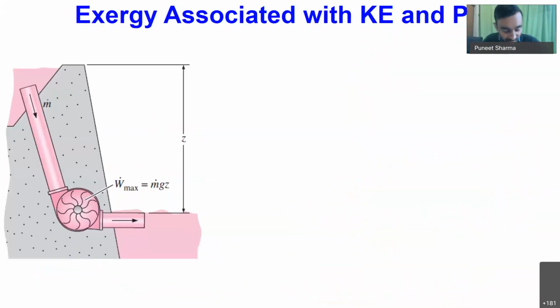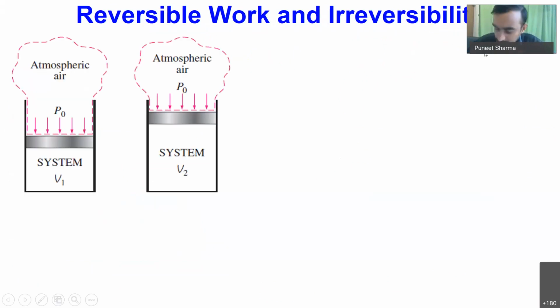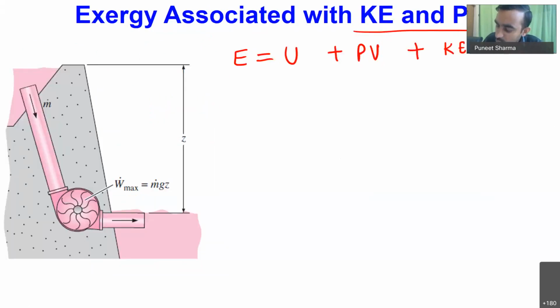Now when we talk about exergy associated with different kinds of energy, let me give you the general expression of energy: internal energy plus flow energy, P into V, which we also call flow work. Then we have another form of energy, kinetic energy, and then one more, potential energy.